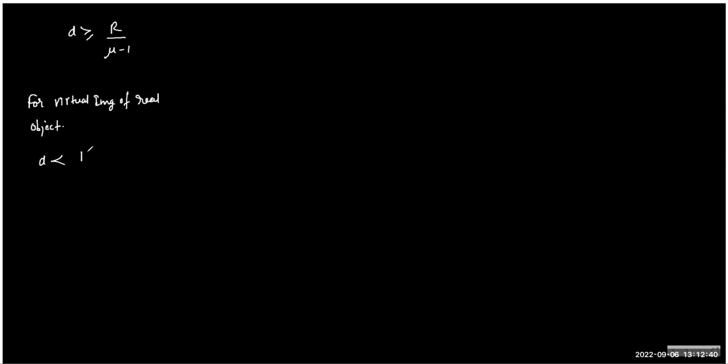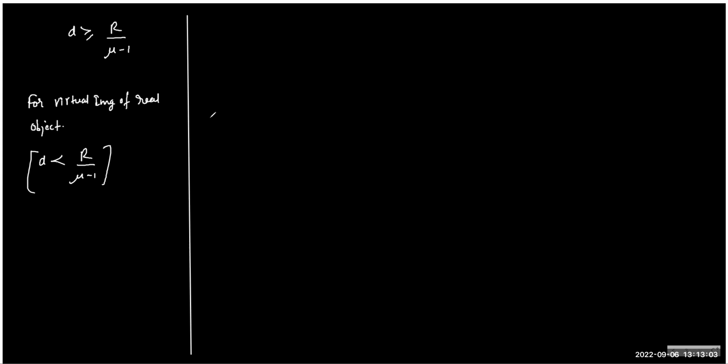D is less than R upon (mu minus 1). Is this clear? So what you learn from here is that for a real object, the image can be virtual also. Yes or no? And the image can be real also.